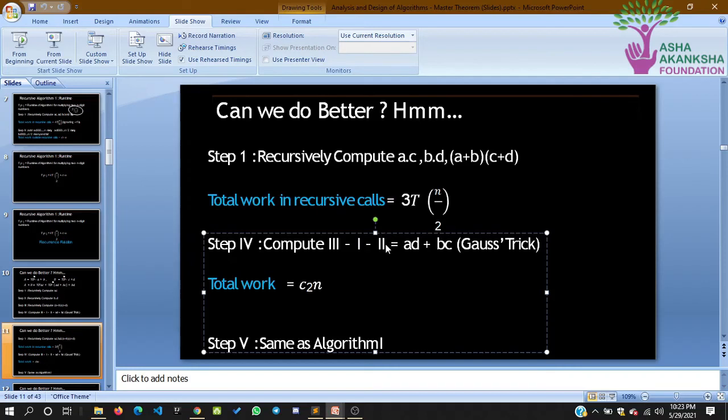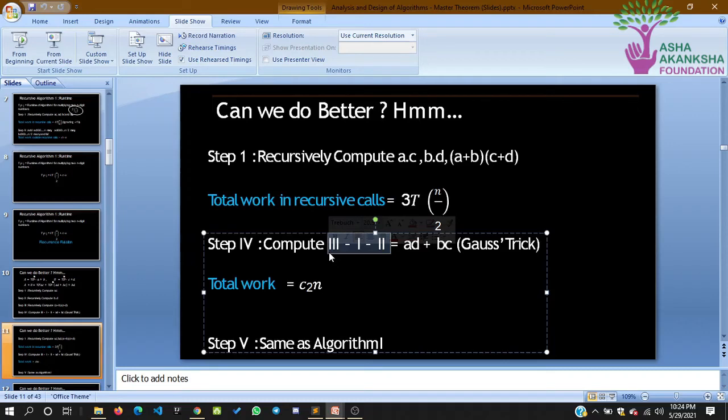Why? Because all three of these numbers are numbers containing n by 2 number of digits. So when you do this calculation, in the worst case, you are doing n by 2 number of calculations.